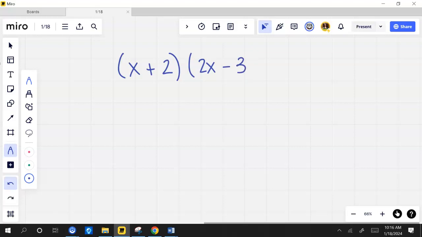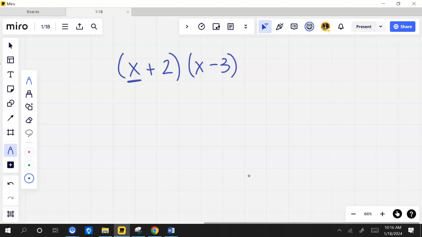We'll start out with two binomials. If I told you to multiply that out, tell me what you'd do. I would do that FOIL thing. That's exactly right. I like to call it distribute because that's really what we're doing. We take everything in the first parentheses and distribute it to everything in the second parentheses.